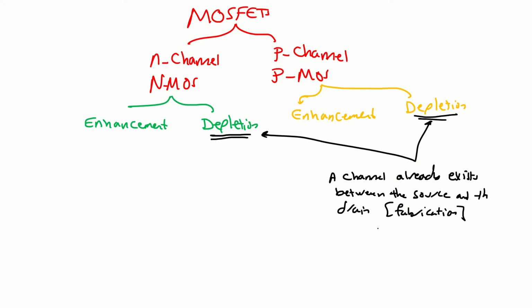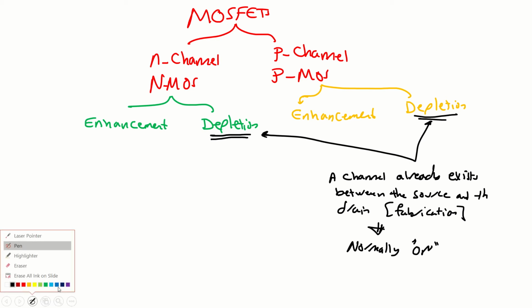Since we already have a channel, some references call it normally on. Now, regarding the enhancement, there is no channel existing in the fabrication process, so we can say it is normally off.